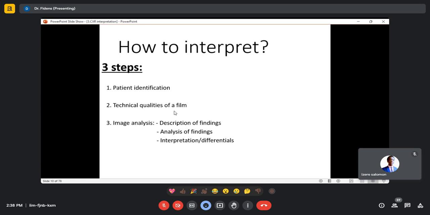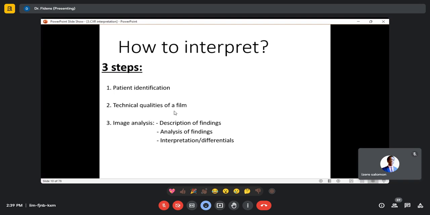Number 2, you have to check the technical qualities. Please check them very well. Otherwise, it will mislead you. Number 3, it's about now image analysis. By now, image analysis, you have to remember the 6 steps you have just seen. That's description of findings, analysis of findings.